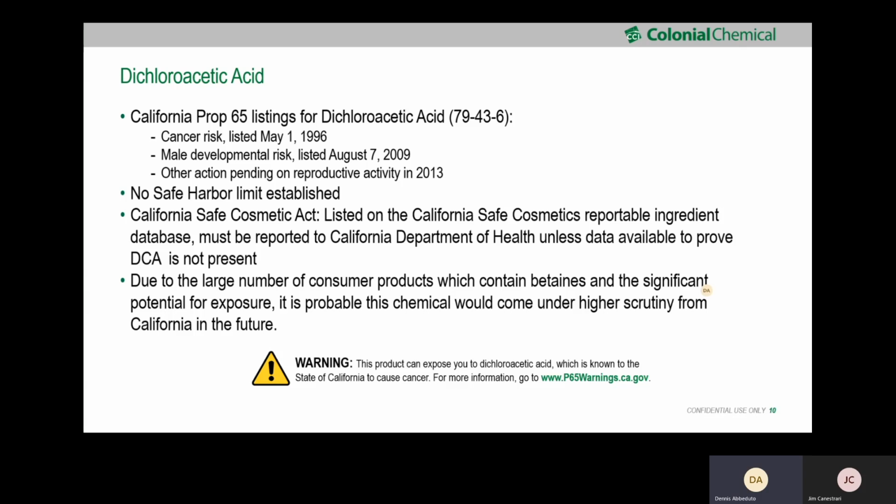So, due to a large number of consumer products which contain betaines, it could be that this type of chemistry comes under higher scrutiny, and products could be in the future subject to the sorts of Prop 65 warnings that you may see on some other items.